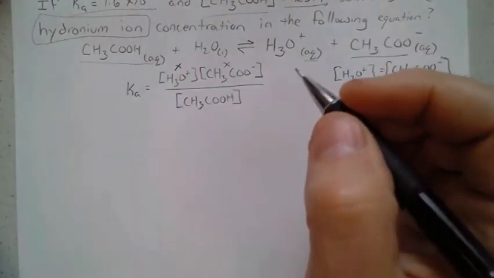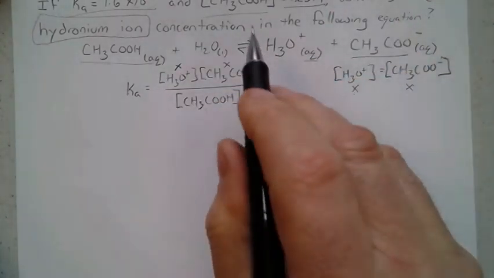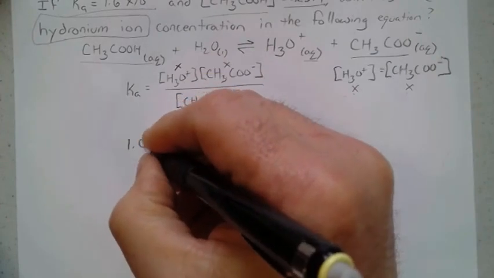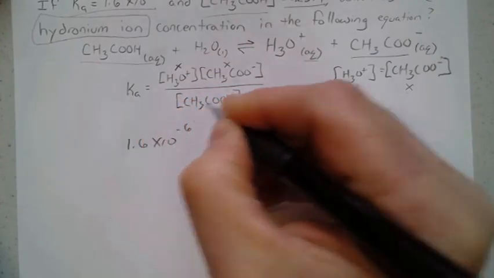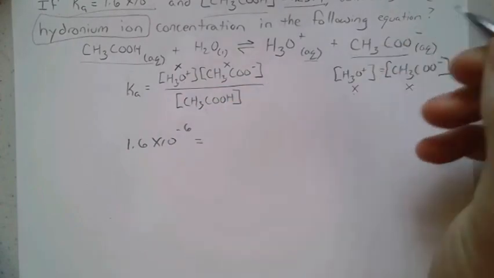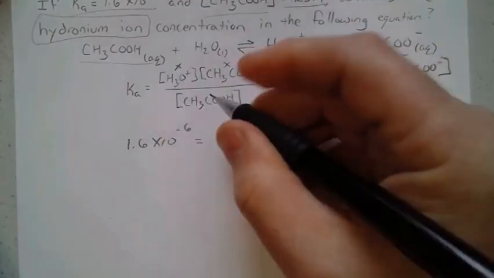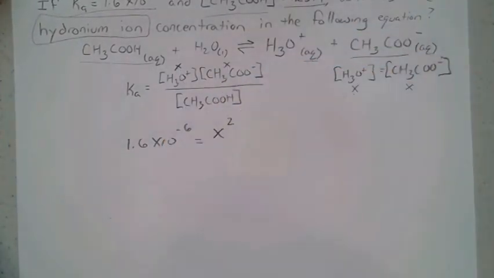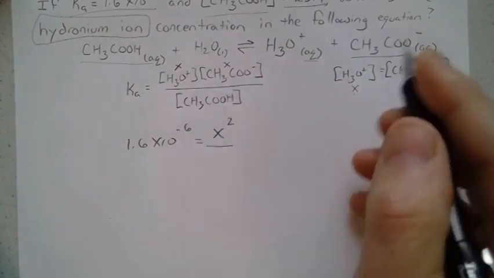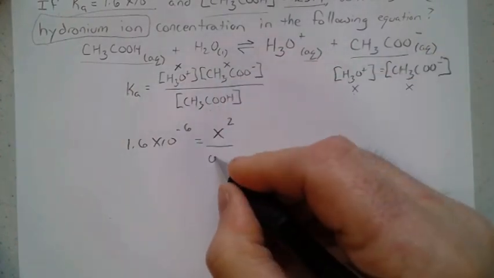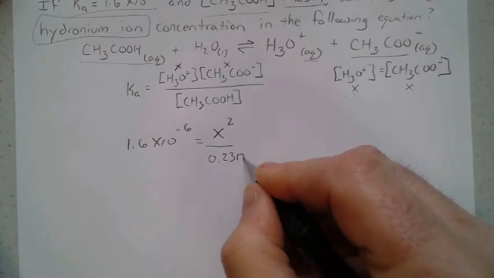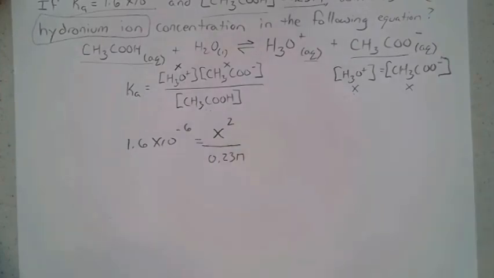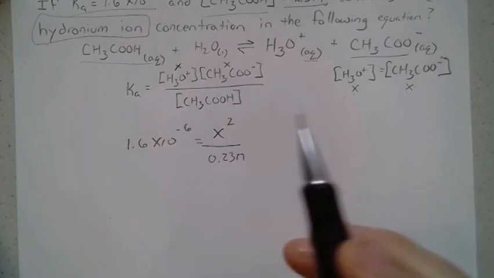Now I have numbers for here and here. So when I plug them in, I see that I have 1.6 times 10 to the negative 6 is equal to x times x, which is x squared, over the concentration on the bottom, which is 0.23 molar. Now I want to solve for this, right?